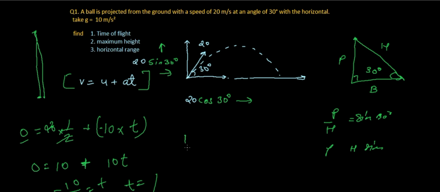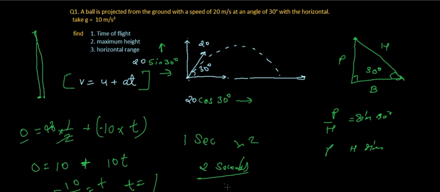So it will take only 1 second to reach at the top, but we have to find time of flight. The time taken to reach at the top and come to the ground would be the same, so we will multiply it by 2 and we will get 2 seconds. Here is the answer. The time of flight is 2 seconds.